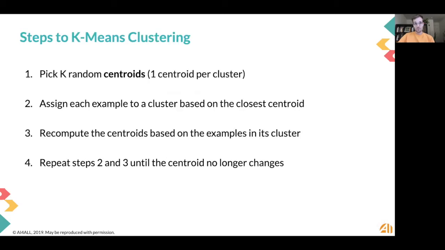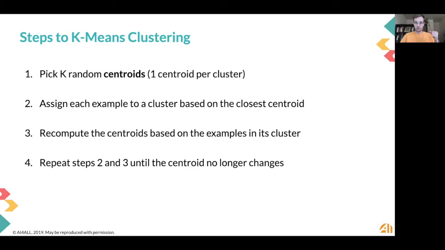Okay, so the algorithm works like this. You start by randomly picking points in the space. These are called centroids. We'll proceed through this graphically in a moment, but I just want to give you a preview of what this looks like. You essentially pick one centroid per cluster, and you're going to proceed in the algorithm by alternating back and forth between two steps.